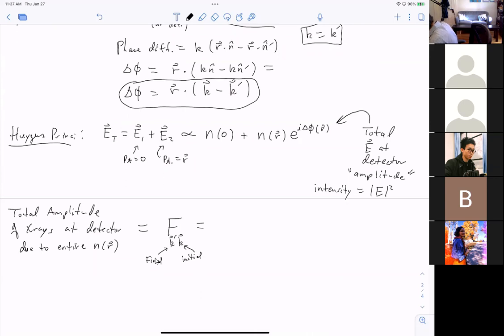So that's the total amplitude of the X-rays at the detector. And then I just have to add up all the waves that are landing at the detector. So this is for the volume of the electron density.